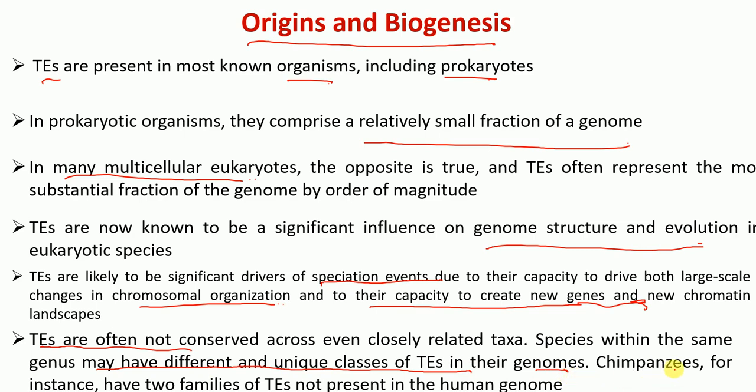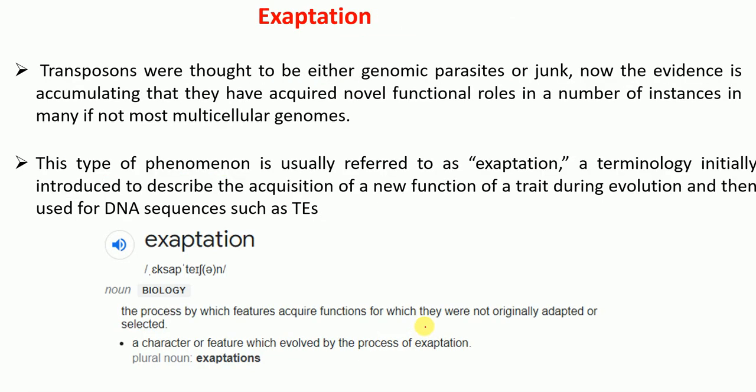For example, chimpanzees have two families of transposable elements which are not present in the human genome, even though they are very closely related taxa. This is really important, guys.